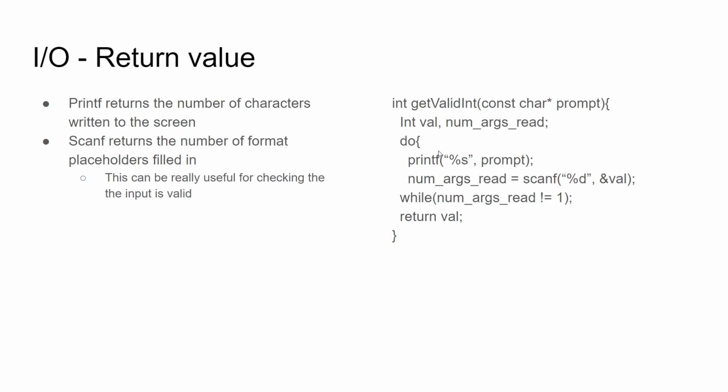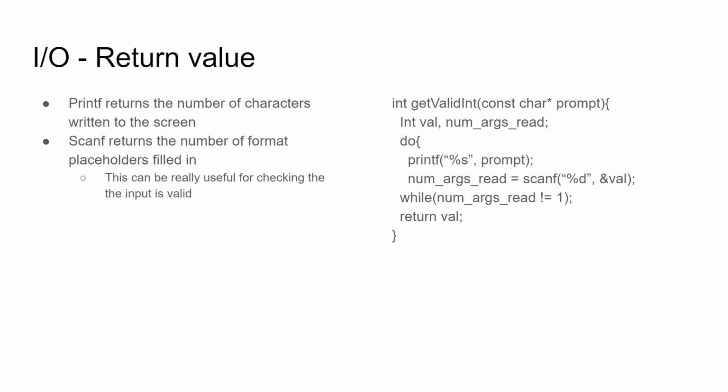So we do display the prompt. We print that out to the screen. Then we attempt to read a single integer from the user, storing the result into val, and numargs_read will either be 1 if I was able to read an integer from the stream, or 0 if I wasn't able to read anything, because I could either read it or not.